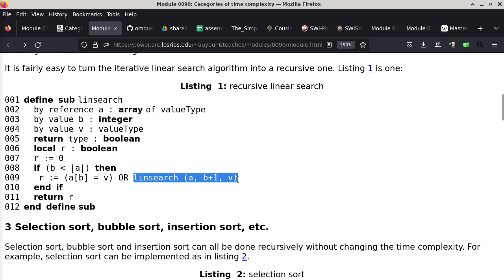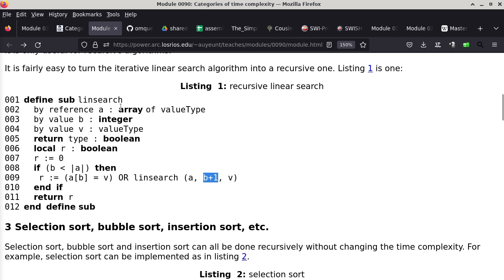But in the recursive call of lin search, the number of elements that the next call is responsible to deal with is going to be one less than what I was told to deal with. Does that make sense? Because the start index is no longer b, it is now b plus 1. Is that okay?